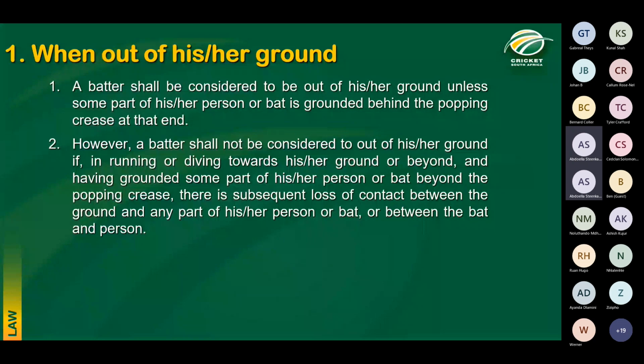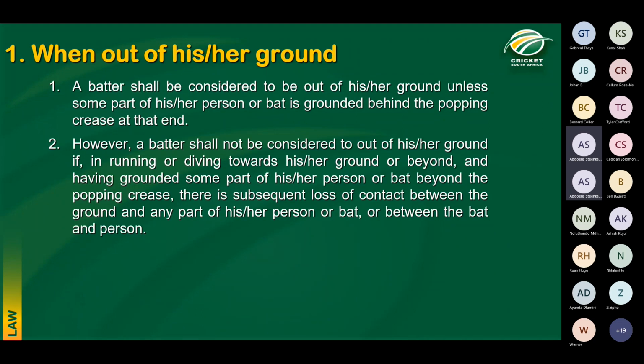Only if these two conditions are met: the batter must be either running or diving, and then must have put the bat behind the popping crease, and because of the forward momentum of diving or running, the bat now pops up in the air. While that bat is in the air, the wicket gets put down.